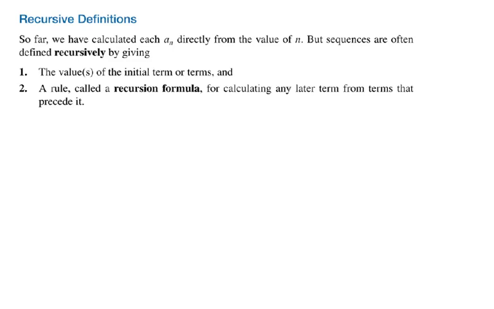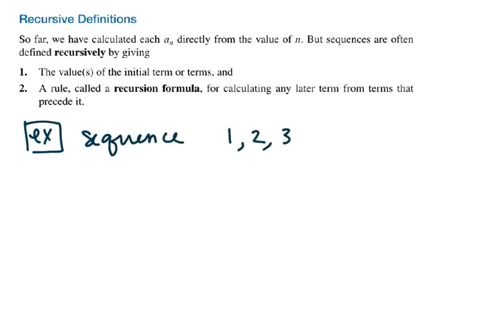All right, so we have an example here. I've got 3 of these. So if we think about the sequence 1, 2, 3, 4, 5, going on, this can be defined recursively. And what we could say is we'll let a sub 1 equal 1. So thinking about this, what would a sub 2 be? If we wanted to use a previous term, basically we're adding 1 to the former term each time to get the next term.